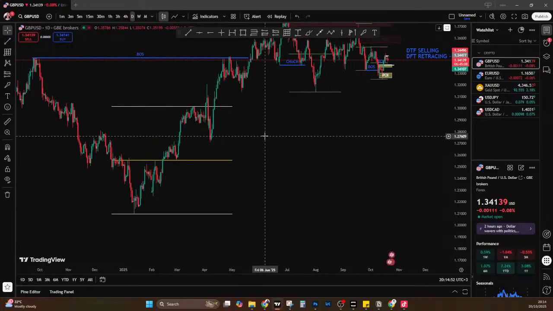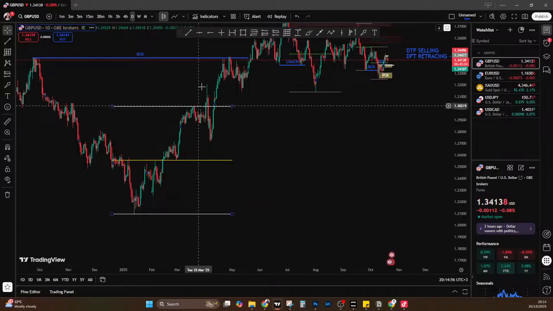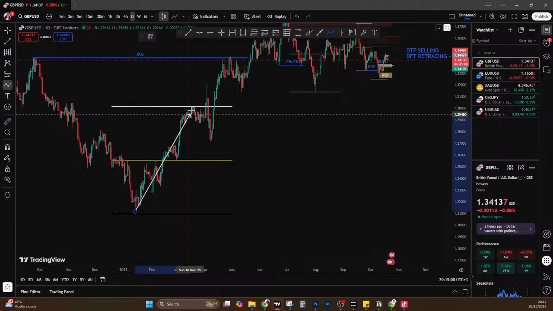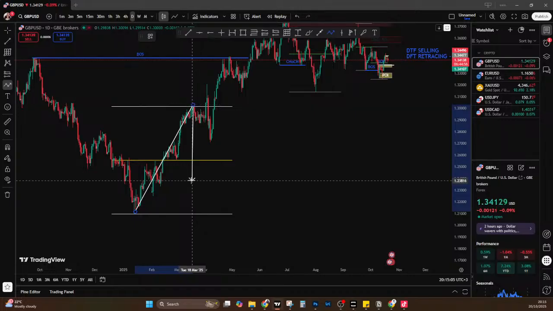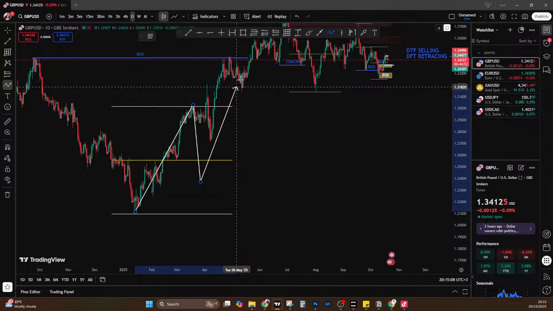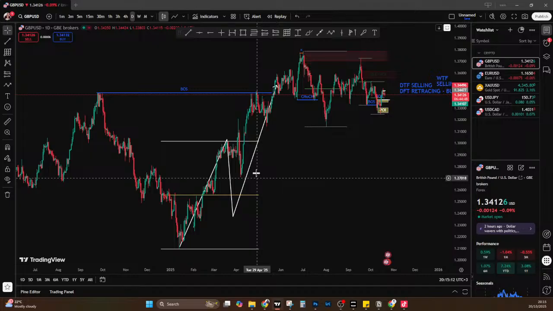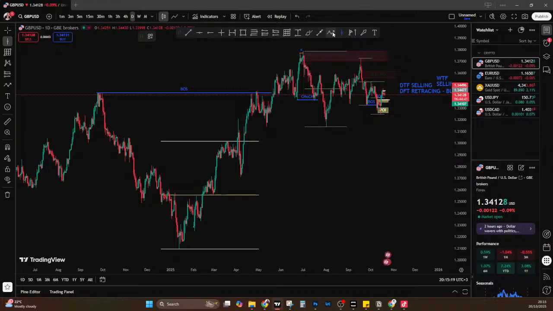So what we expected this market to do, once it gets to this point here, we expected that the market will come back to a discounted price, then continue to go up. Okay, but what the market did was it retraced back to this level, and then it broke structure.